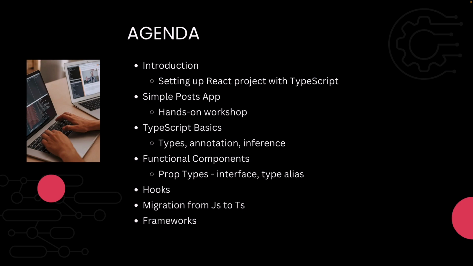So just a bit of introduction, setting up a React project with TypeScript by default. So basically scaffolding a new React TypeScript project. We'll be building a simple post app that will be able to read posts from an API, from a placeholder, a fake API for now.